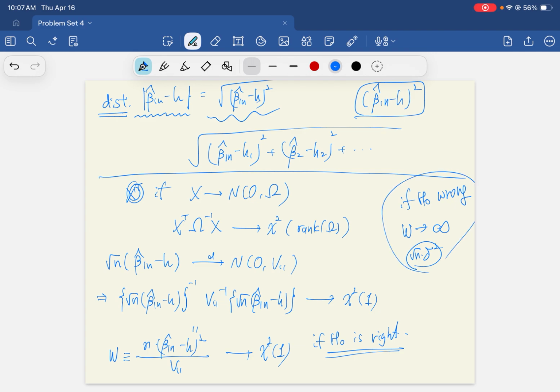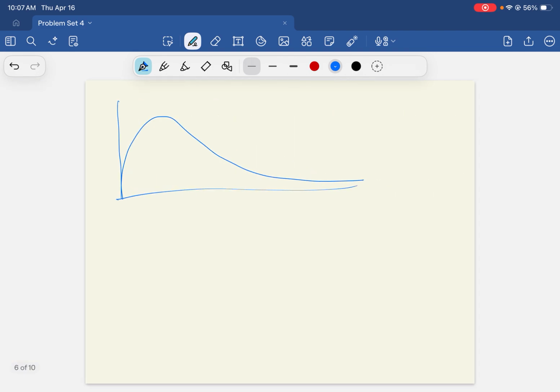So when h here is wrong, W will go to infinity. So anyhow, if h here is true, your standardized chi-square distance W will be distributed this way, and I'm going to find the critical value in here so that this is the rejection rule, rejection region.